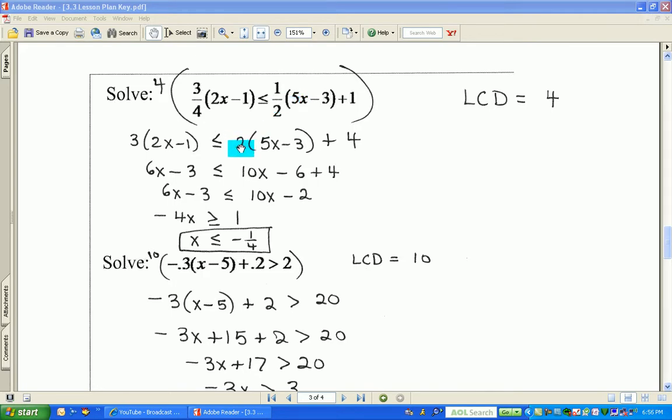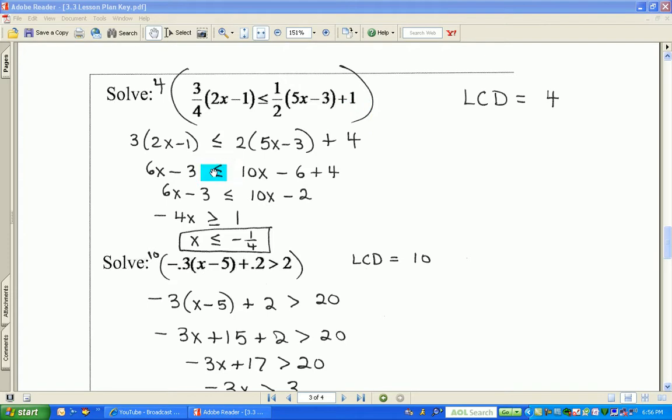You see the 2 here. I distribute that 2 to inside the bubble. That gives me 10x minus 6. And remember that 1 is a completely separate term, so it needs to be multiplied by the LCD. 1 times 4 is 4.